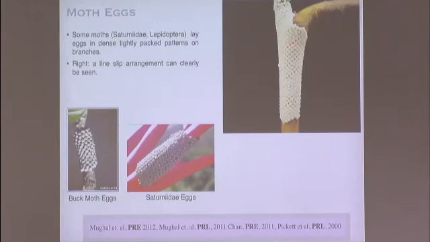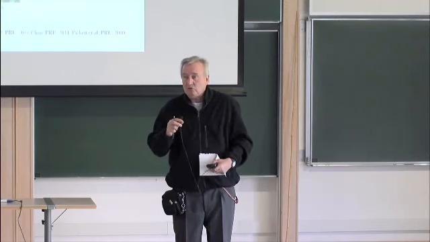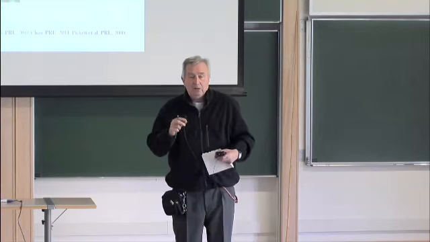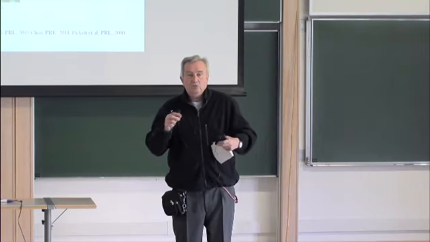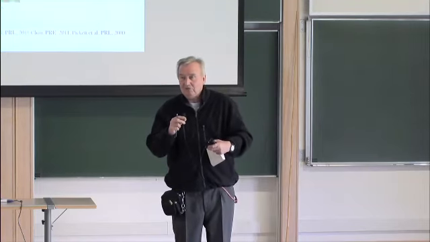And the more I look at it, the more I'm puzzled, and the more I'd like to see more of these pictures, because I can't imagine quite how the moth does this to achieve such a good packing. You see, if you just started to lay eggs in one place and then made them into a hexagonal structure, kept them close packed, and kept going, eventually you'd end up on the other side of the branch.